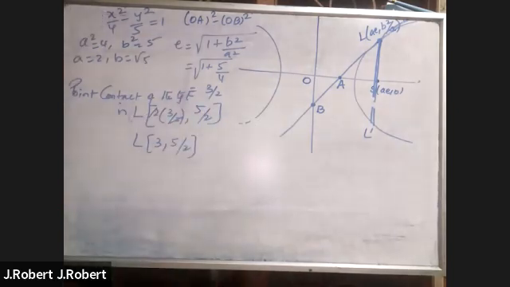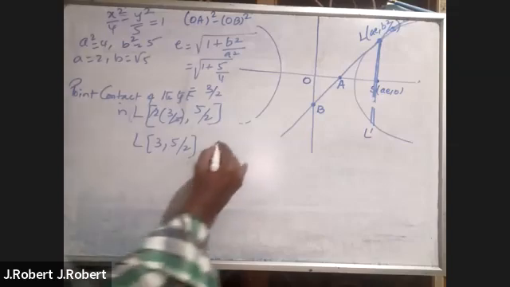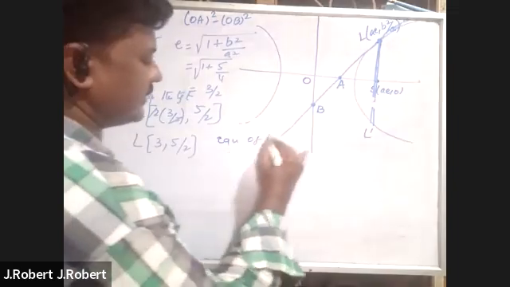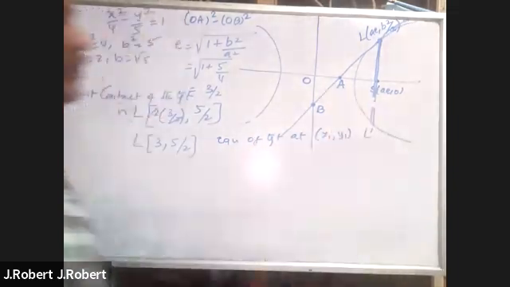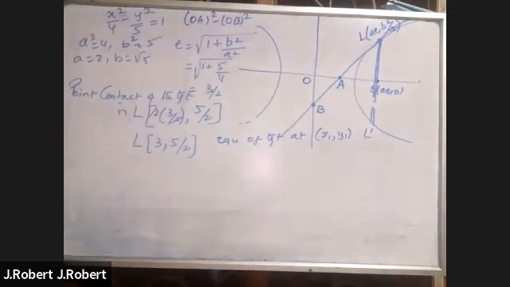Remember, the tangent is passing through the point (3, 5 by 2). Usually, the equation of tangent at (x1, y1).